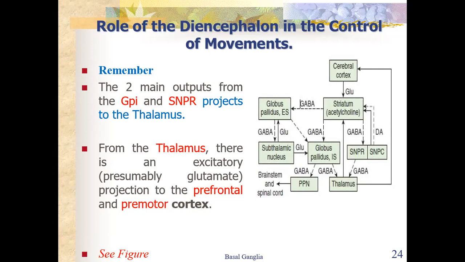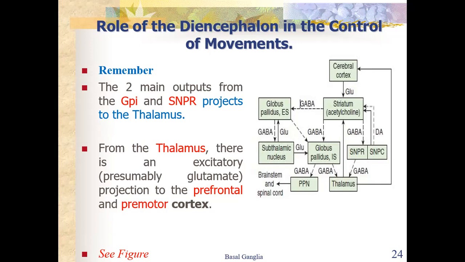It has connections with the basal ganglia. Remember, the function of the basal ganglia is modifying and refining motor activities. The basal ganglia also plays a role in planning, organizing, refining and coordinating motor movements.